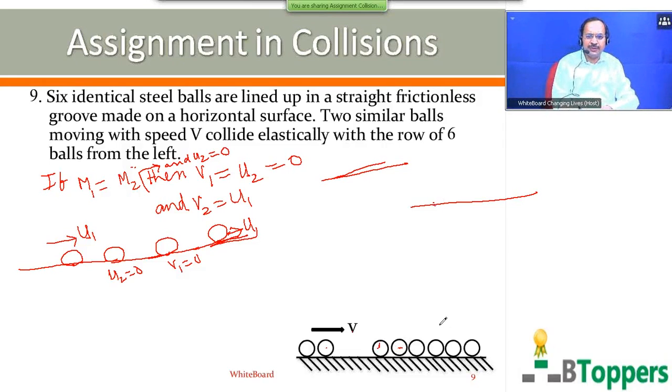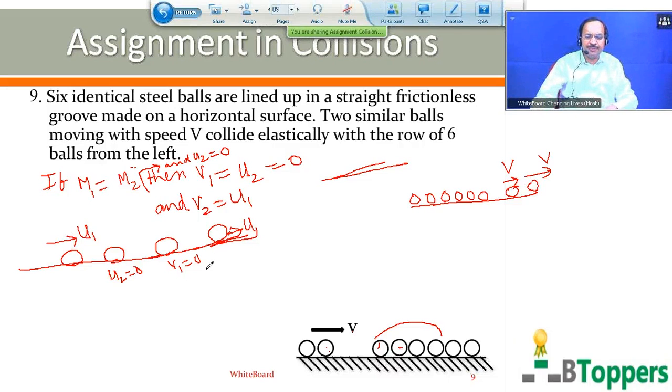Out of these 6 balls, these first 4 balls will stop, and these 2 balls which were originally in motion will also come to rest, and finally you will have two balls moving with the same velocity v towards right. That will be the situation. That means you have to apply the same condition repeatedly.